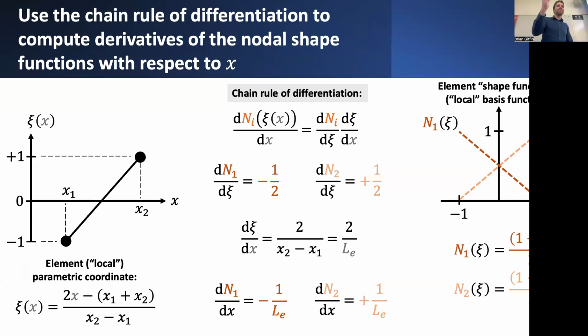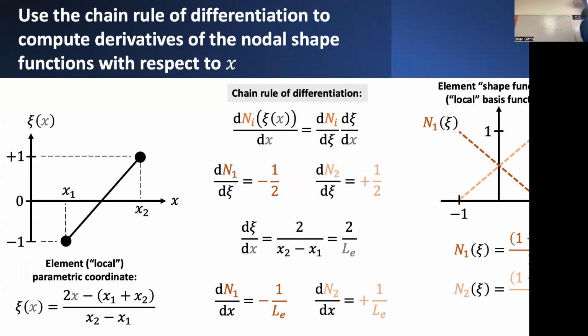That poses a problem, because all of these weak form integrals, the things we need to integrate to compute the stiffness matrix, involve the derivatives of the shape functions with respect to X. However, we haven't defined these functions with respect to X. We've defined them with respect to C. So therein lies the problem. How do we get around it?